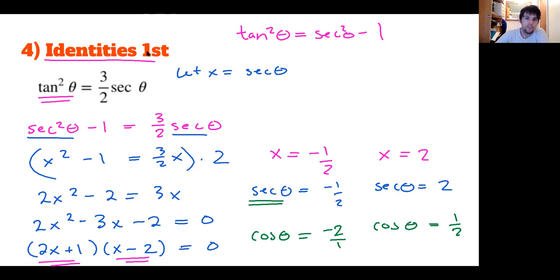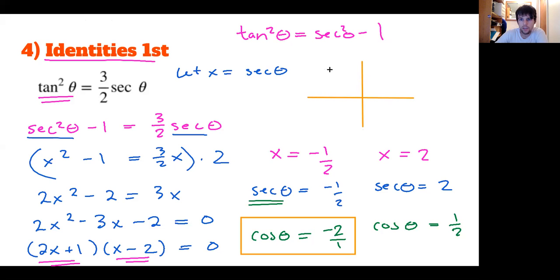Now, one of these equations is a bit of an issue. This one is not solvable, and there are a few different reasons for that. If we think about our unit circle, the unit circle definition of cosine is simply the x-coordinate.